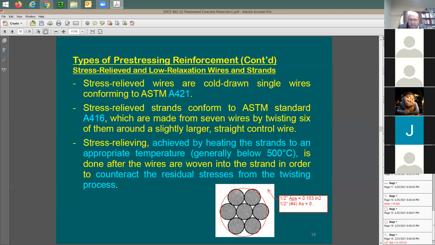Anyone recalls the value? Yes, 0.2 square inches. So in a solid rebar, you're going to have 0.2 square inches. In this type of strand, you're going to have a cross-section area of 0.153. Now it makes sense, right? You see the difference here because of these voids.